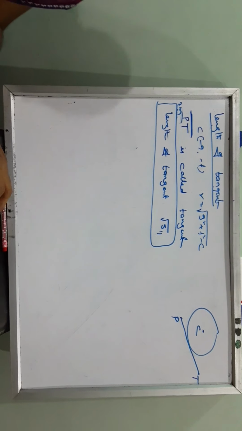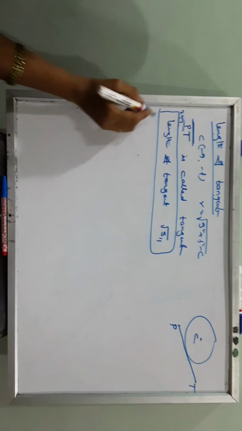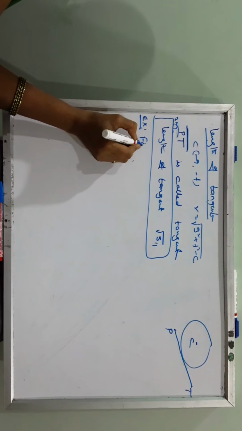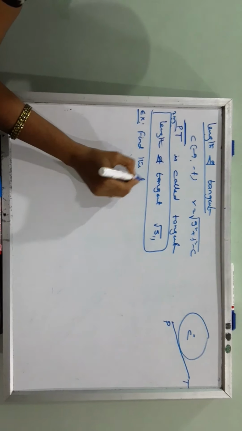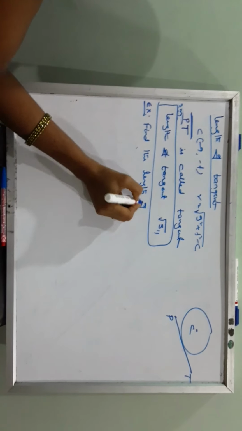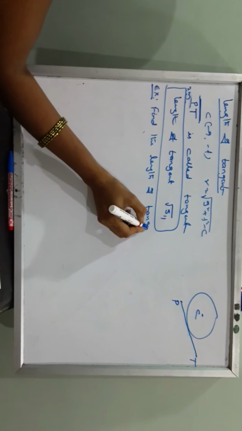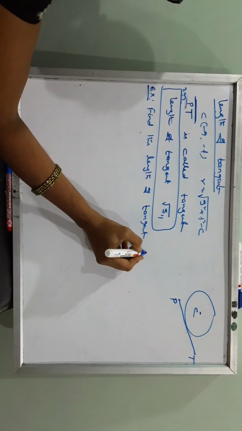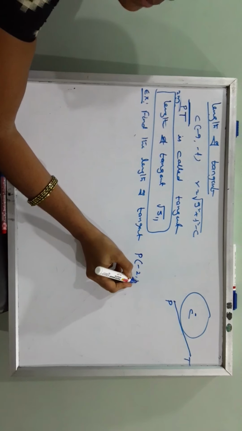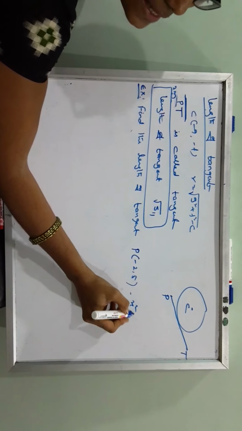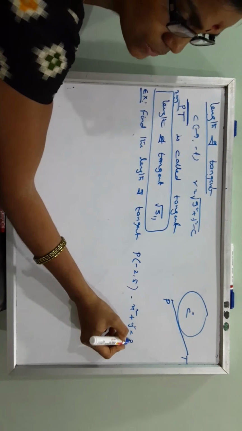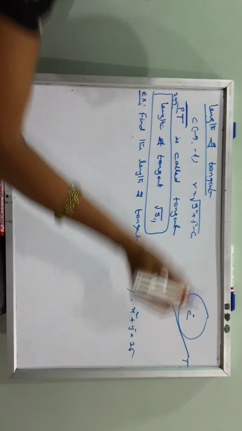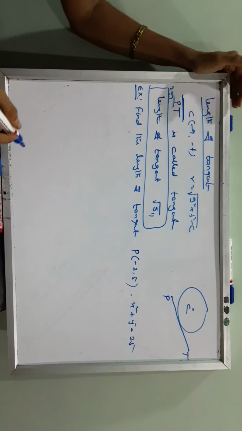Now, for example, find the length of tangent from P(minus 2, 5) to the circle x square plus y square is equal to 25.